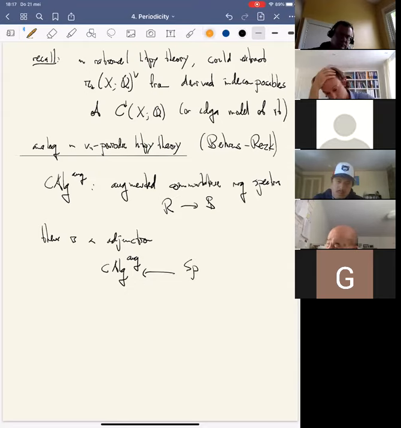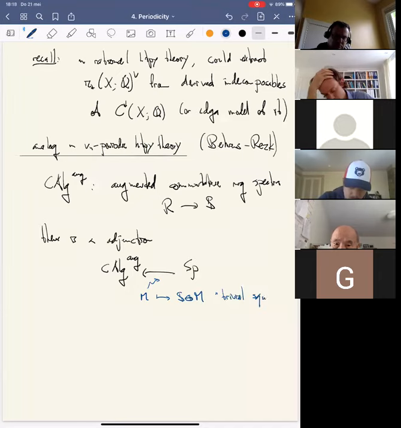So this functor takes a spectrum, say M, and sends it to, let me write it informally, S plus M, where I'm thinking of this as a trivial square zero extension. It's something you can do in algebra. There's a version of this in higher algebra as well. And this functor has a left adjoint.